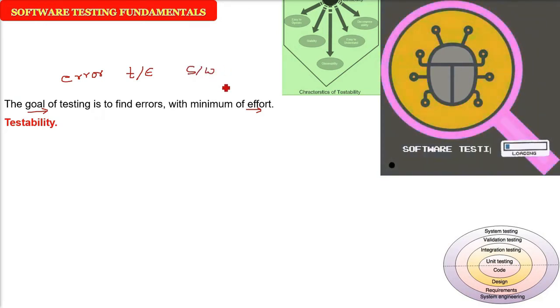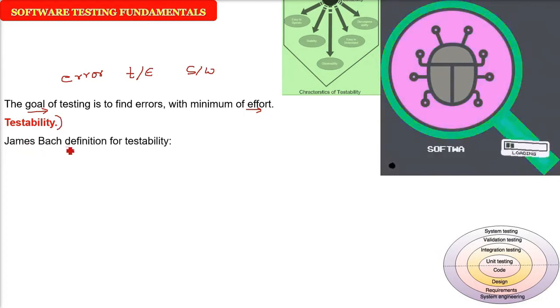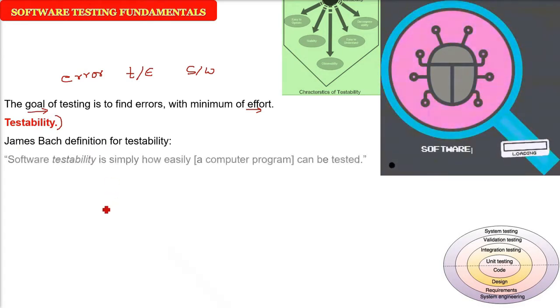It can be your software, web app, mobile app, embedded software, real-time software. They need to be testable. The way we can test it should favor testing. James Bach defines what testability is, that is, the easiness to do the test.